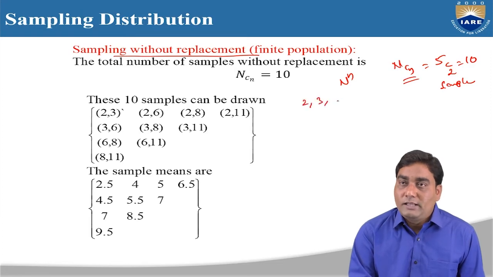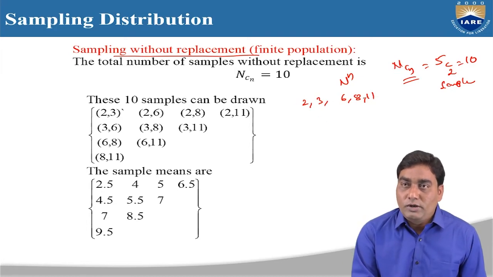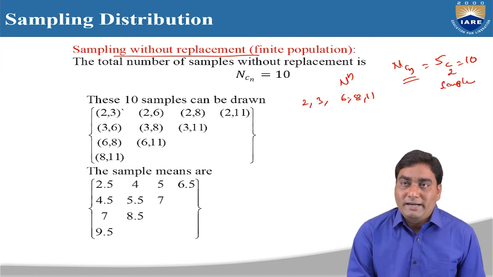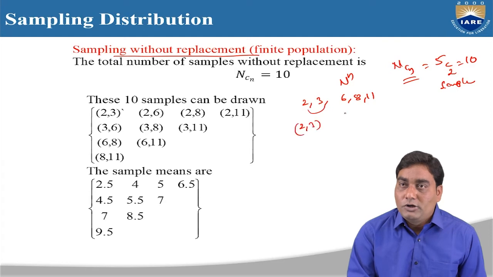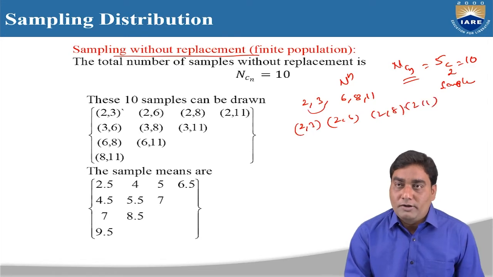So actually the population values are 2, 3, 6, 8, 11. In with replacement: 2, 2, 2, 3, 2, 6, 2, 8, 2, 11, then 3, 2, 3, 3 like that. But here, without replacement means not repeated. Starting with 2: 2, 3, 2, 6, 2, 8, 2, 11. That's it, not 2, 2.